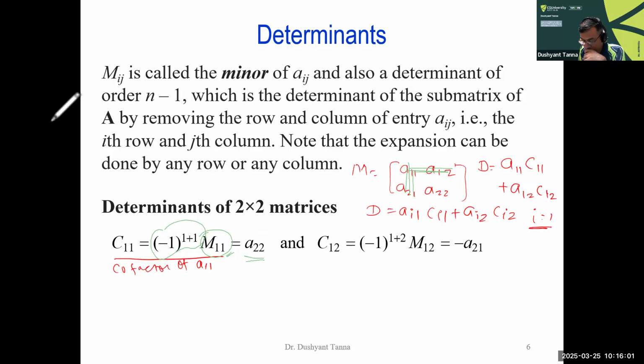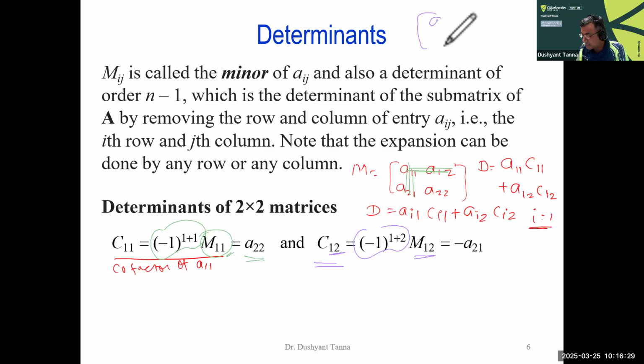Another one. If I talk about C12, that is the cofactor of A12. How do you find the cofactor of A12? You start with minus 1 power 1 plus 2, that is i plus j, times the minor of A12. Now, how do you find the minor of A12?